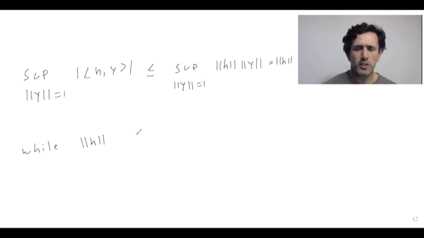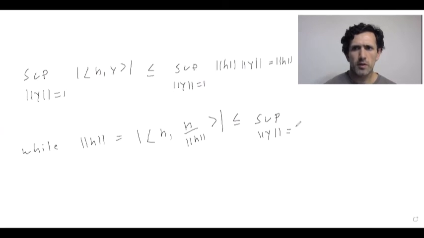Well, assuming the norm of H is not equal to 0, you can fairly trivially write the norm of H as the inner product of H with H over the norm of H, and that's less than or equal to this supremum here. So we have equality.